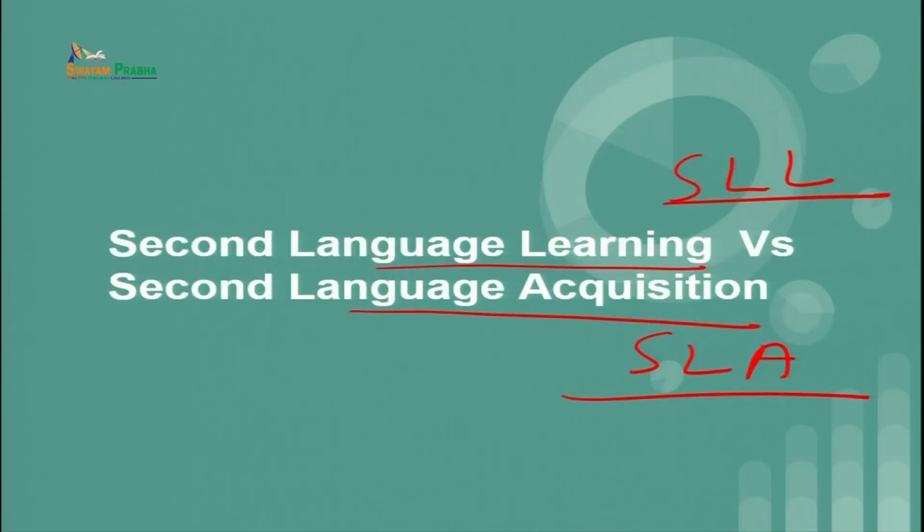Rather, a learner gradually finds himself developing in the language, and wherever this stimulus is given to the learner, he or she is likely to use it frequently. Therefore, this is the main distinction on which second language learning and second language acquisition are distinguished.